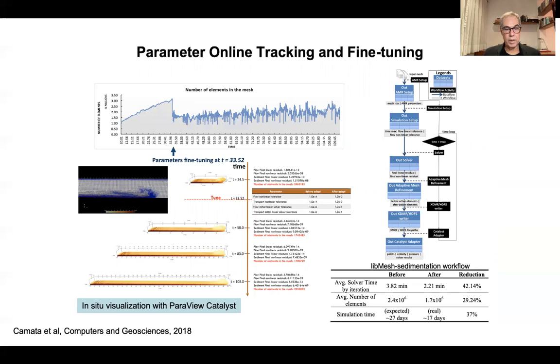We were doing the simulation, and as you can see, the turbidity current is progressing with adaptive mesh refinement. In the graph, you can see the number of elements over time.